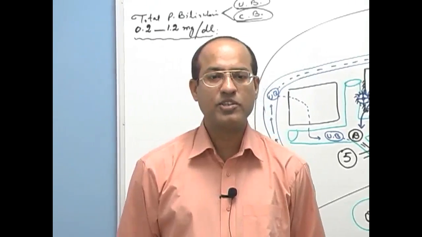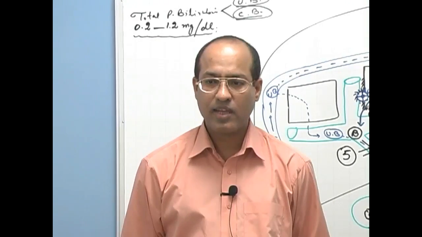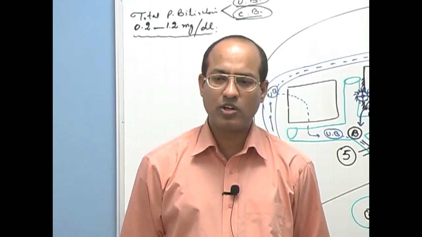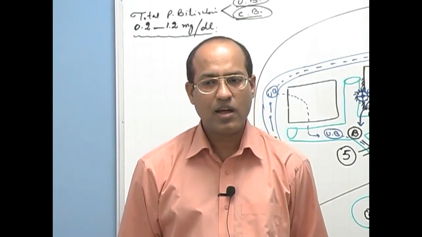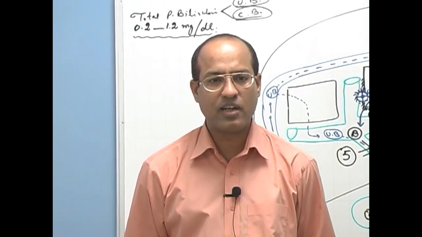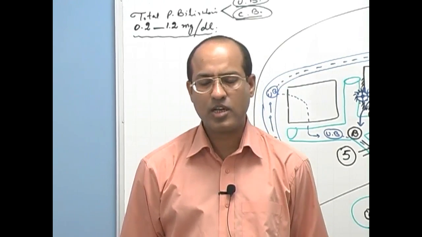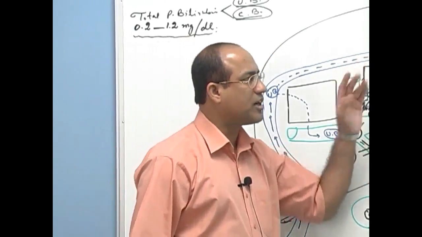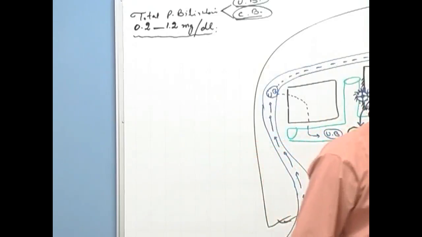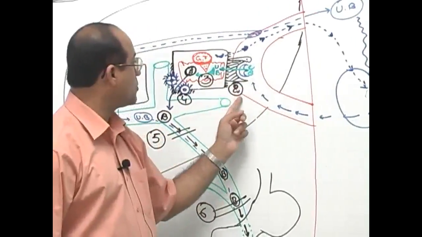So first you should be able to determine in your patient whether jaundice is really there or not. It means total bilirubin should be high. Once you know there is hyperbilirubinemia, the next step is to determine whether it is dominantly unconjugated or dominantly conjugated hyperbilirubinemia. If it is unconjugated hyperbilirubinemia, then the problem is at level number 1, 2 or 3.